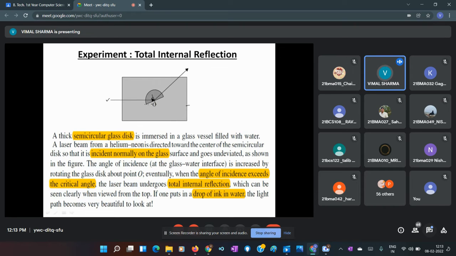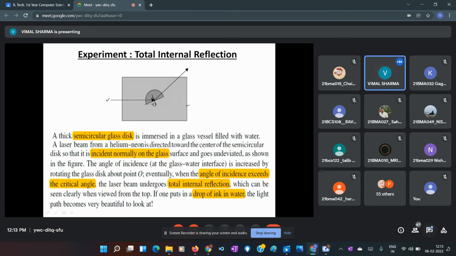By rotating this semicircular glass, we can vary the angle of incidence, and we try to make this angle of incidence greater than the critical angle for the glass water interface.